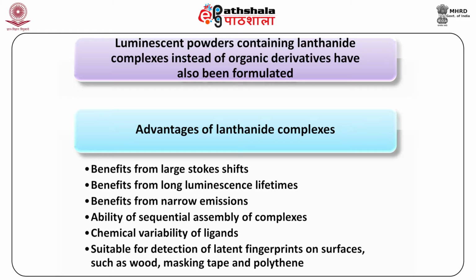Lanthanide complexes offer several advantages, including benefits from large Stokes shifts, long luminescence lifetimes, narrow emissions, ability of sequential assembly of complexes, and chemical variability of ligands. Moreover, such powders are suitable for detection of latent fingerprints on difficult surfaces such as wood, masking tape, and polythene.